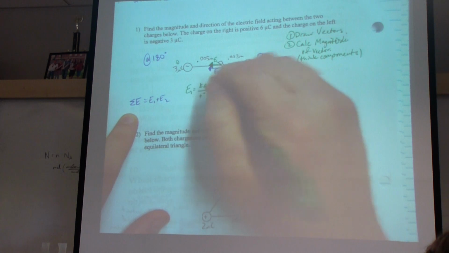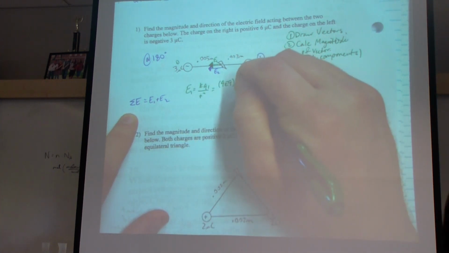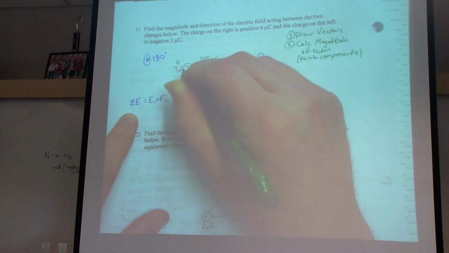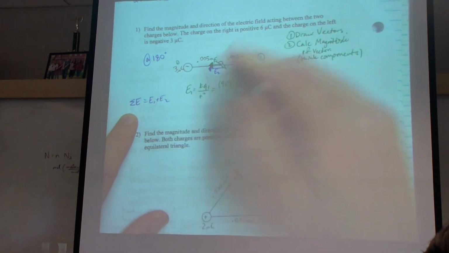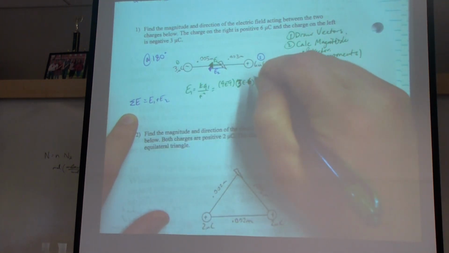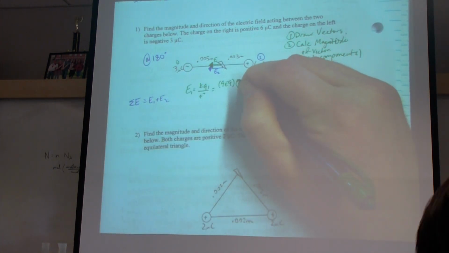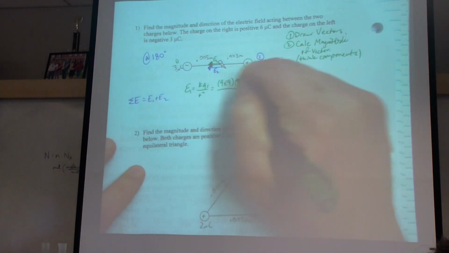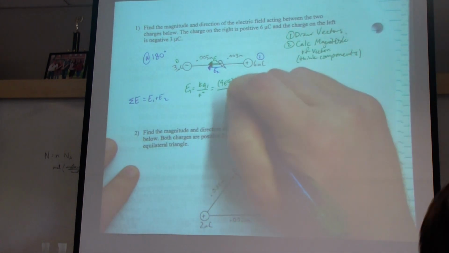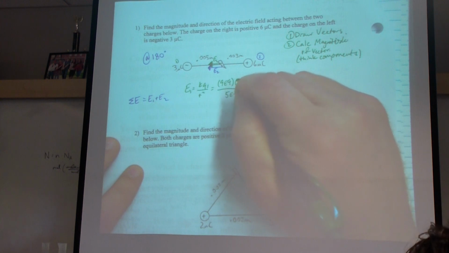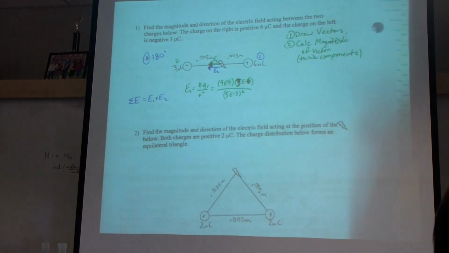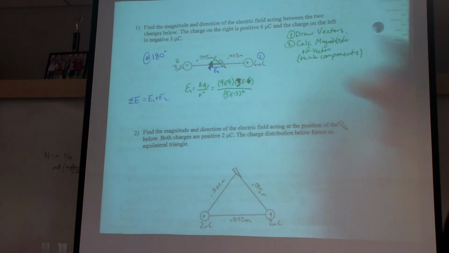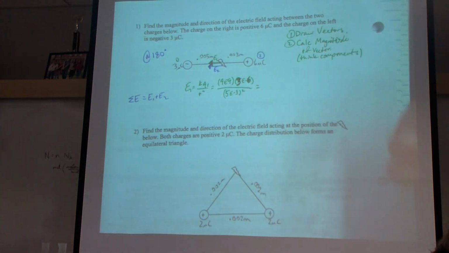Q is what's supposed to go up here. 3 E negative, what's micro? 6. We'll need to fix that in editing. 3E negative 6 and divide by the distance squared. That is 5E negative 3 squared. Okay, typically electric fields are pretty large. Don't be surprised if you get a big number.